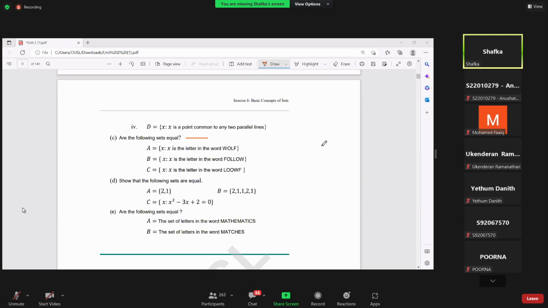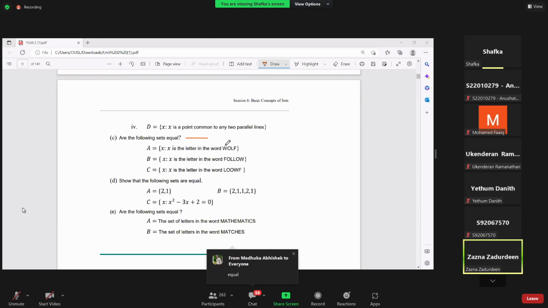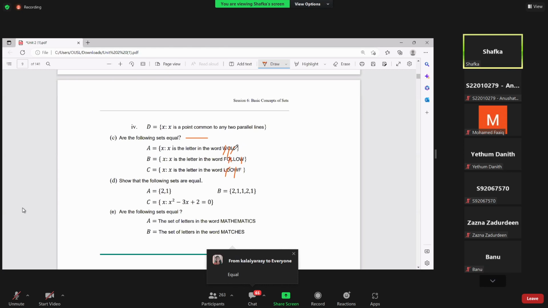They are equal. Let's consider we have W in all three words. Then we have O. Then we have L. Finally, we have F. When you consider the remaining letters, we already cut them off. So we have only 4 letters, W, O, L, F, so these are equal.